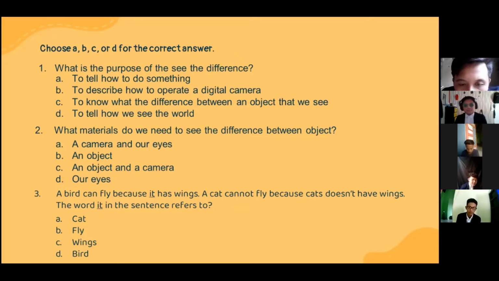So we move to the last but not least, the third question, Anang Ma'ruf. The question is, a bird can fly because it has wings, and a cat cannot fly because cats don't have wings. The word it in the sentence refers to. It is easy, Mister.